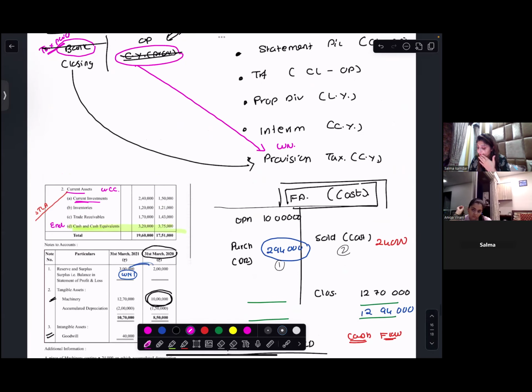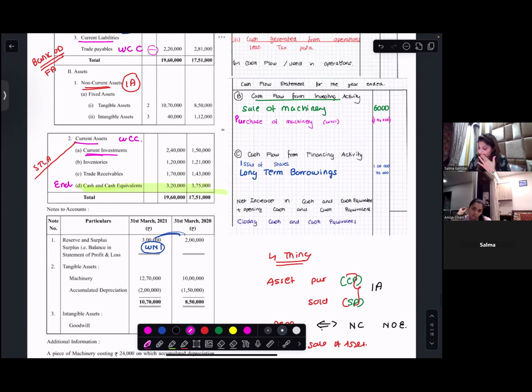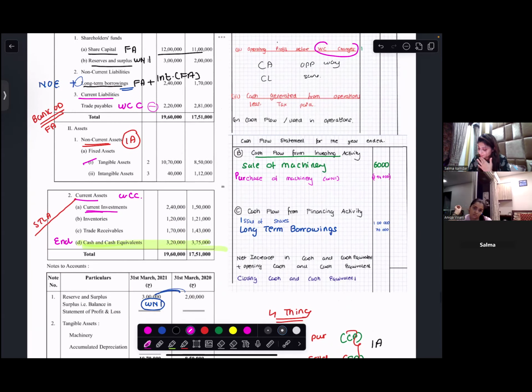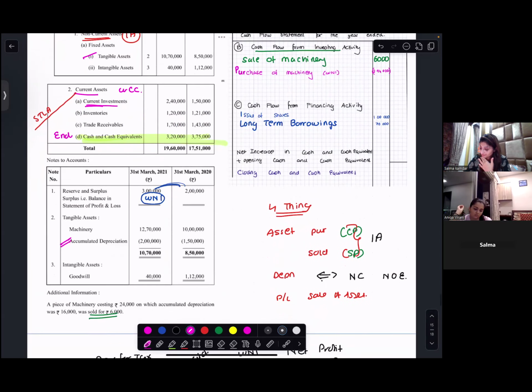So we were on the asset section. The tangible part we saw in our notes to account. Now the intangible part. This is again something new. It is the goodwill.